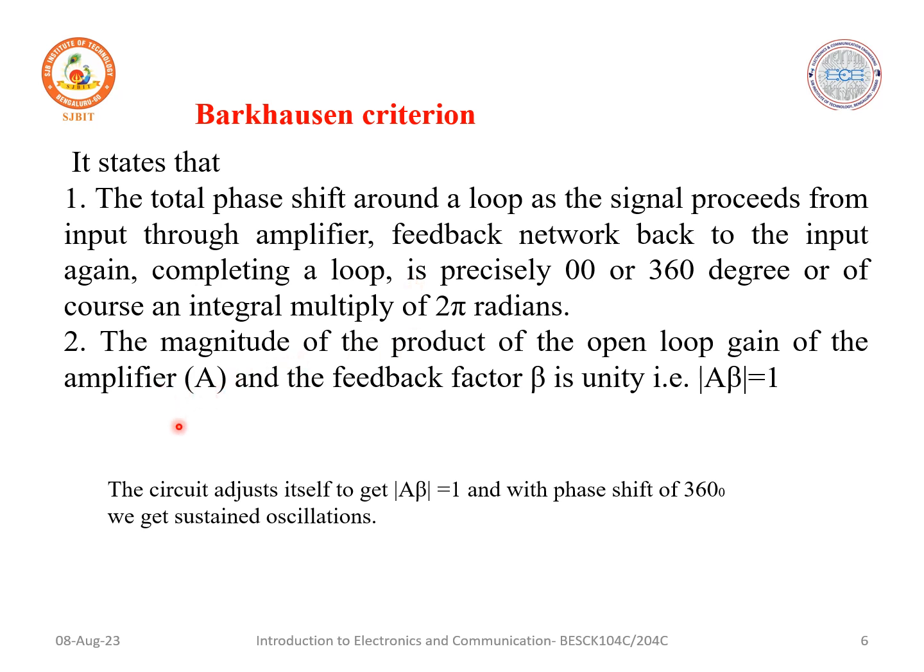Second, the overall loop voltage gain must be at least 1. The magnitude of the product of the open loop gain of the amplifier and the feedback factor beta is unity, that is, A beta.